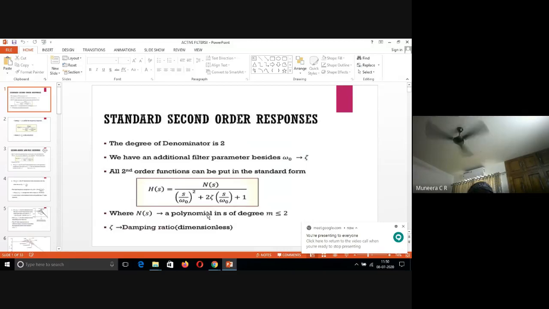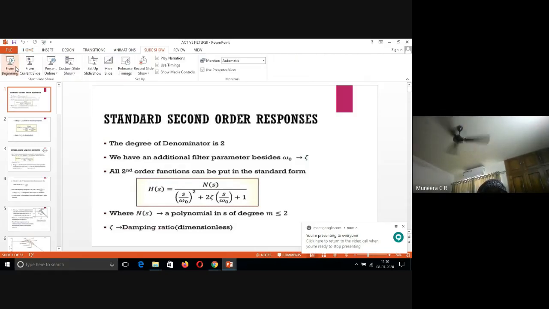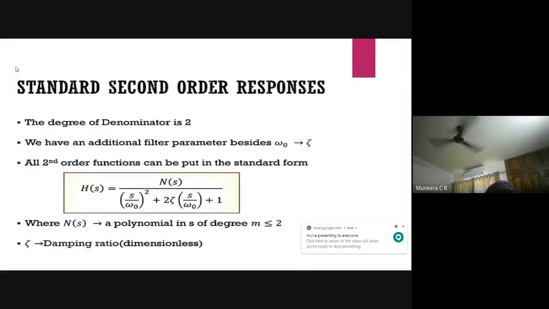Today we can start with the second order active filters. Standard second order responses have a denominator of order 2.